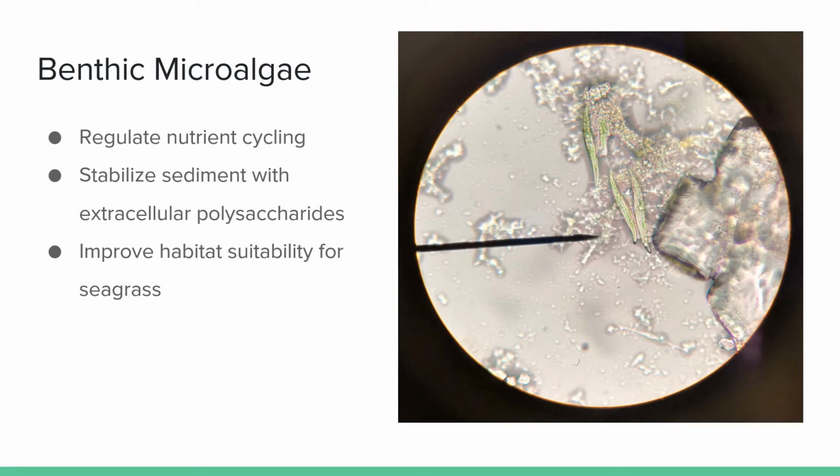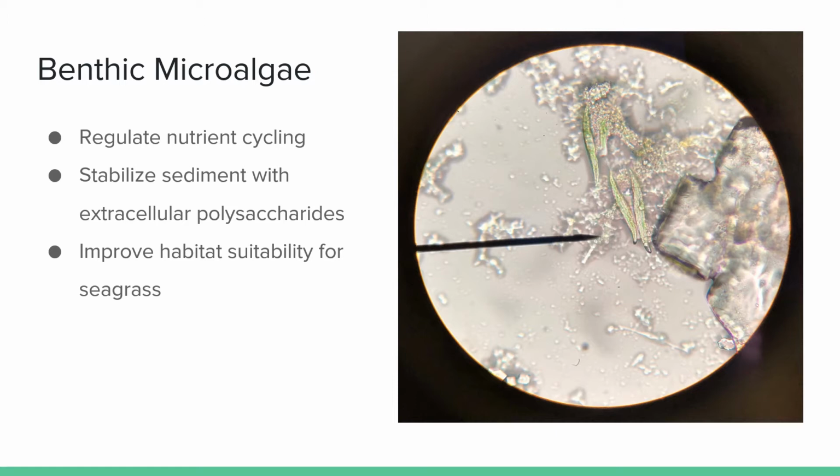And why is benthic microalgae important? First, it regulates the cycling of nutrients like nitrogen and phosphorus, so it ensures that those nutrients are available in the sediment so that plants can use them to grow. It also stabilizes sediment with extracellular polysaccharides.